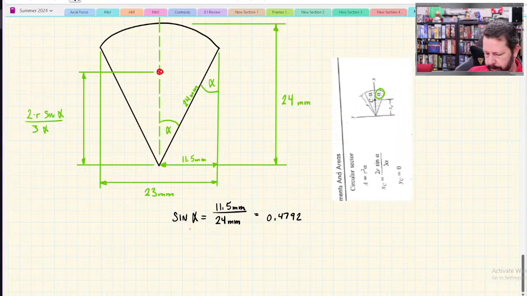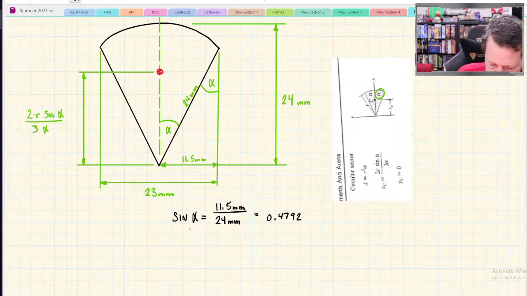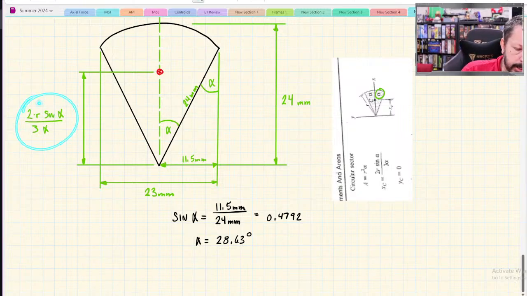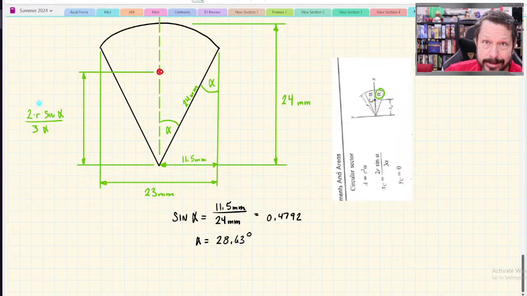So the inverse sine, I'm in degree mode though, so we'll have to deal with that. Where do I do that? Sine inverse of 0.4792, so alpha is 28.63, but that's degrees. This equation over here, those are radians.